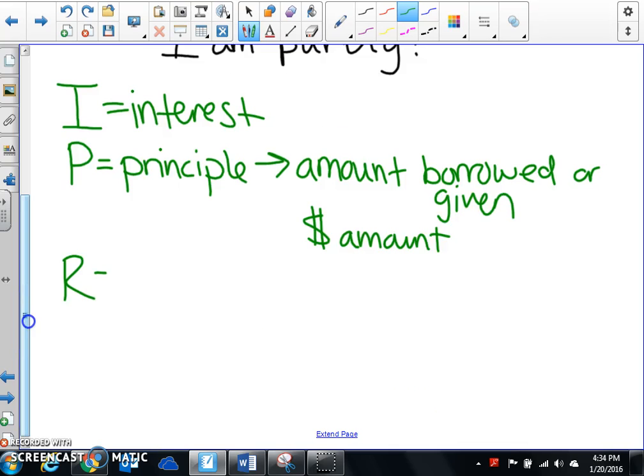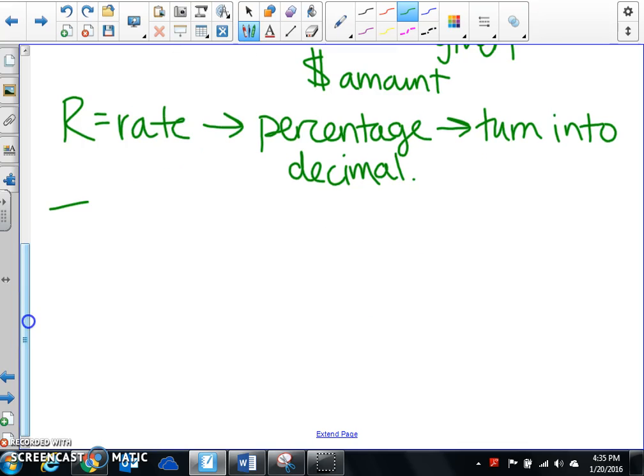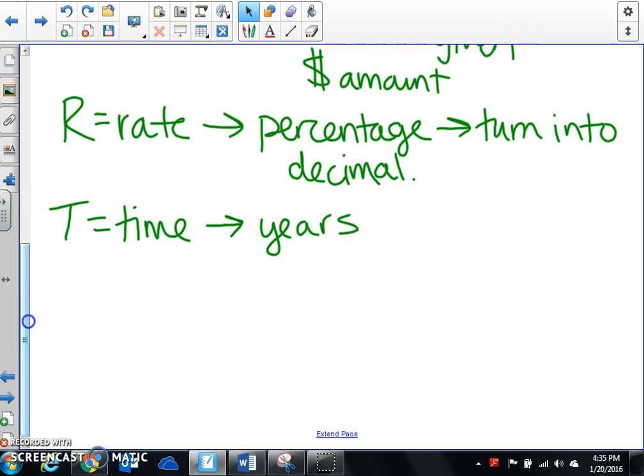R stands for rate. They're going to give it to us as a percentage, and we have to turn that into a decimal. We should know how to do that by now, right? We dip. And then T is time, and we always have to make sure that that's in years. All right, so I equals PRT.